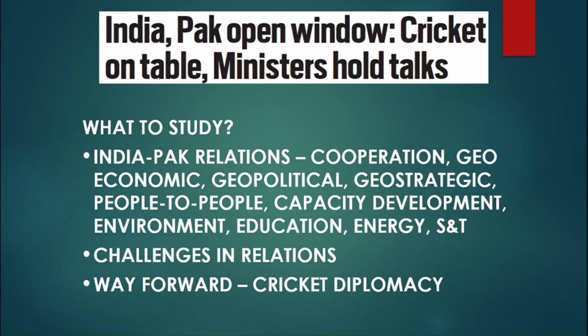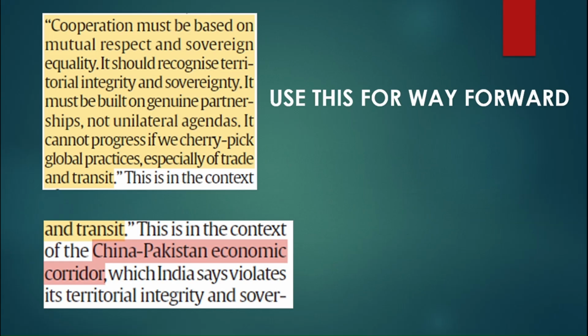When I spoke about India-Pakistan, I gave you certain heads like cooperation, geoeconomics, geopolitical, etc. In the same way, you need to explore India-Israel relations and make proper notes out of it. And also remember, when you're making notes, make sure to add the introduction and the conclusion along with other dimensions.